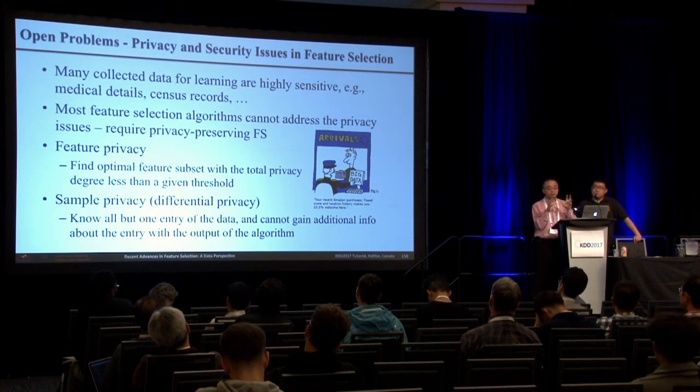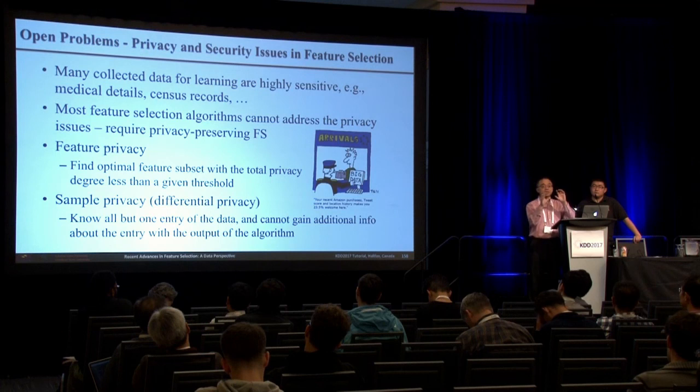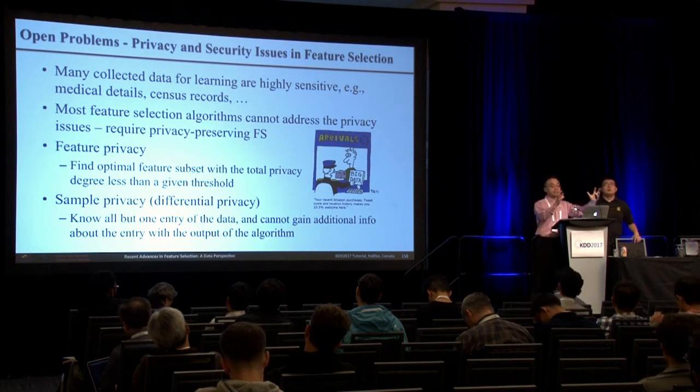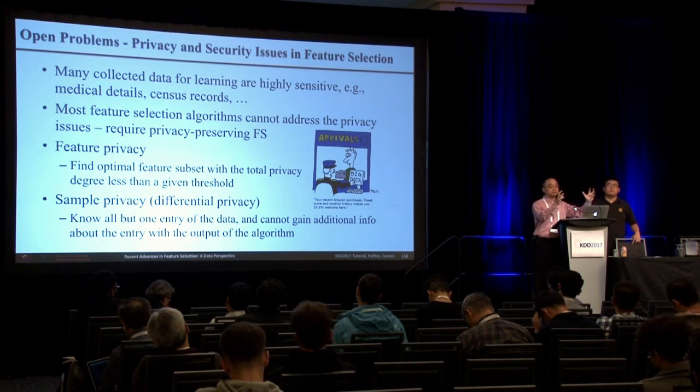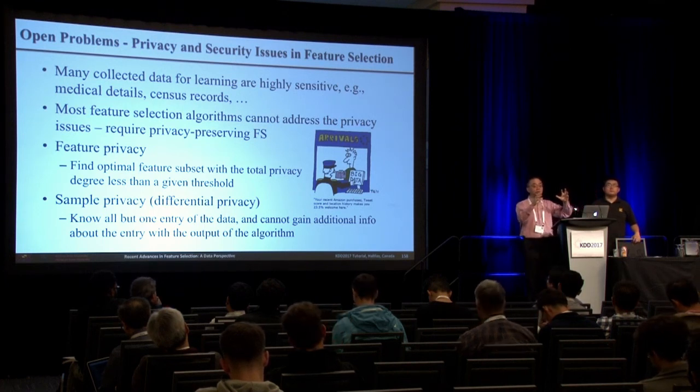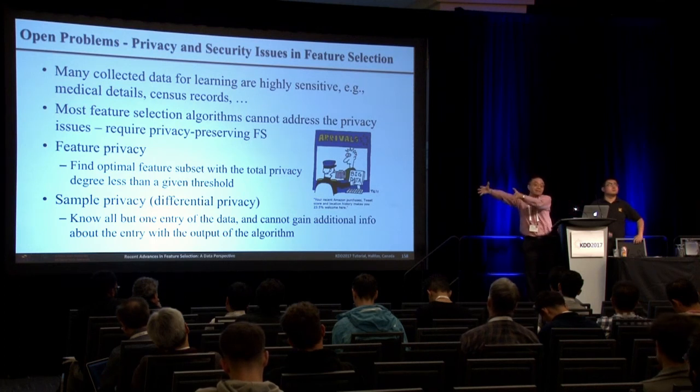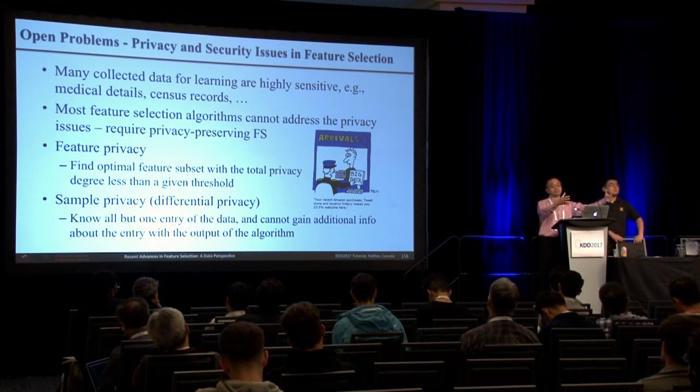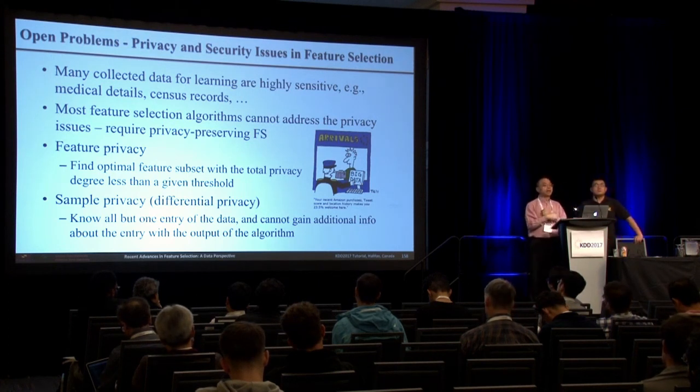Remember we just mentioned a lot of sets of features are correlated. If we know these sensitive features, and we also know the features correlated to them, can we just share that set of features instead of the sensitive features? That's another problem, right?